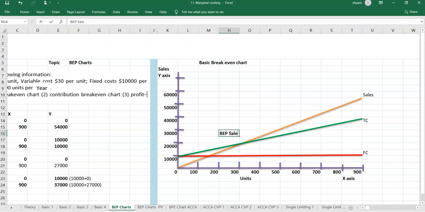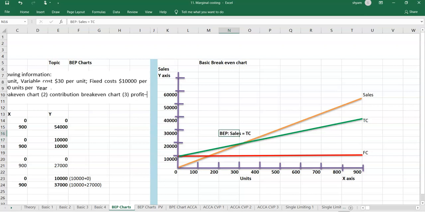Okay, so sales is equaling total cost. That's our concept here. So this is the BEP point.